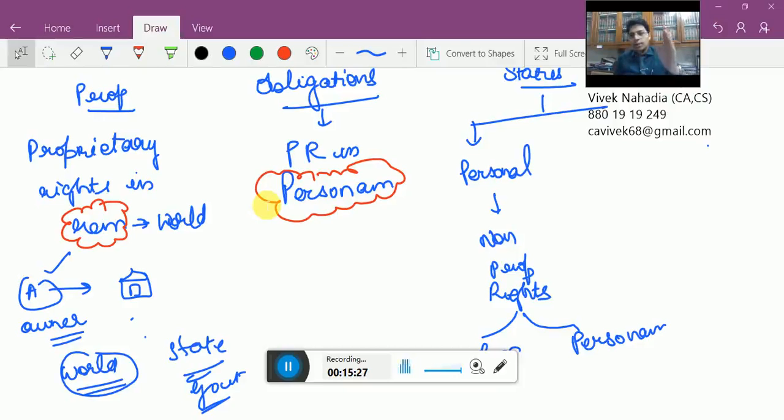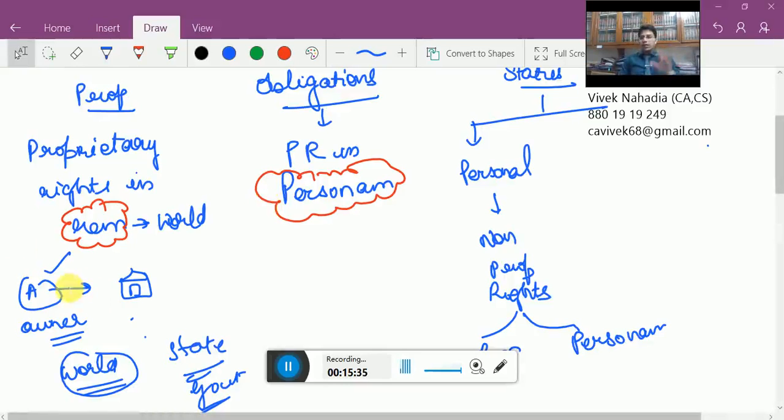And the personal right includes that person's reputation, his liberty, his freedom, etc. So in our example, the right which A has over the house is his proprietary right, but the right which A has for himself, that is A's liberty, A's reputation, these are his personal rights.